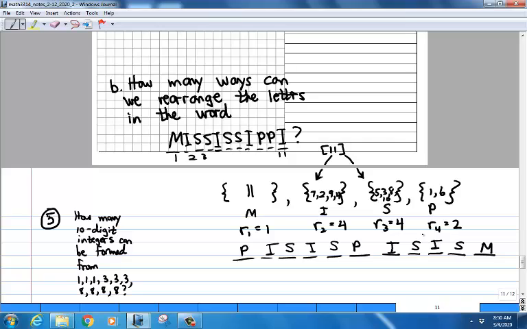See? Okay. So how did the partition correspond to the arrangement? Well, you just simply looked at the positions that were in this partition, and you put M in those positions. Then the positions that were in this partition, you put I in those positions, and so on and so forth. So it's very easy to work from a partition back to an arrangement of letters, or vice versa.